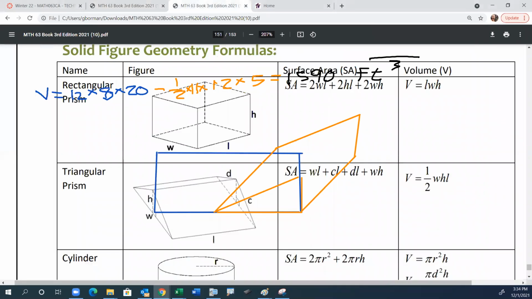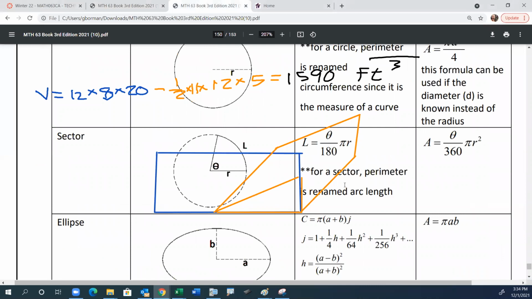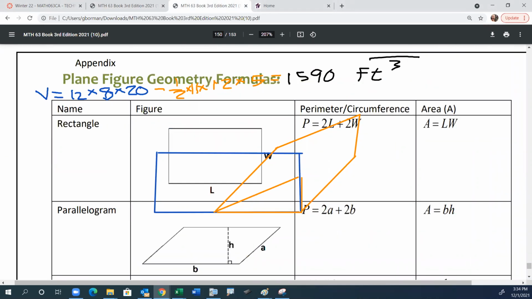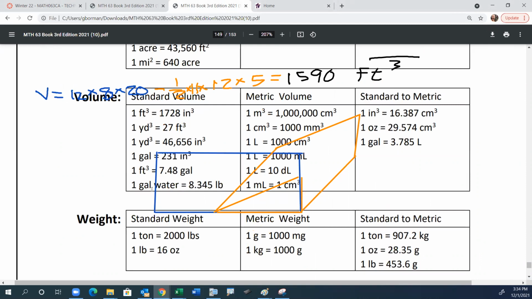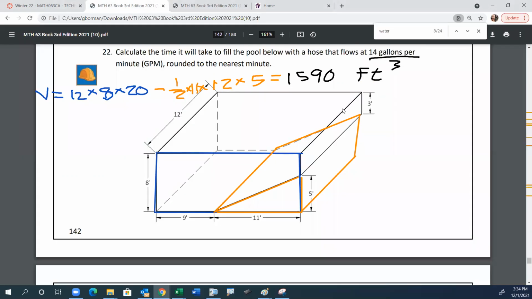Okay, so I need to convert, go to my volume numbers here. And I can see that, let's see, oh, right here, 1 cubic foot is 7.48 gallons. Cool. All right. So now I am ready to multiply. The cubic feet go in the bottom, so they'll cancel.